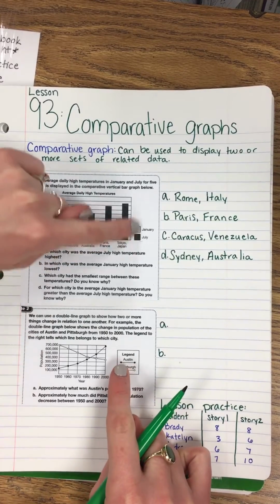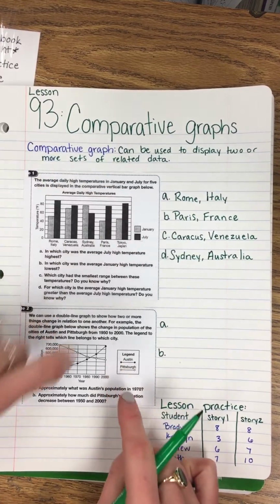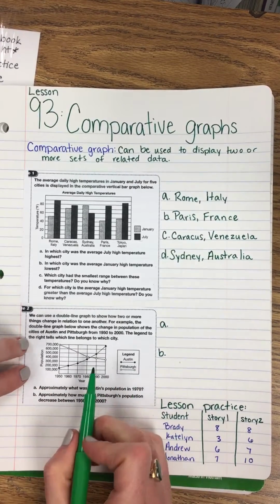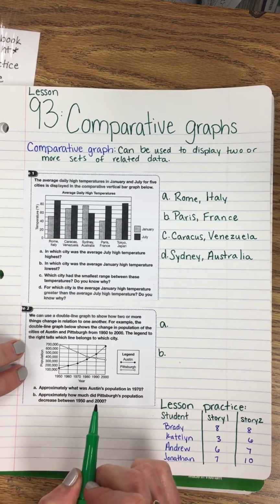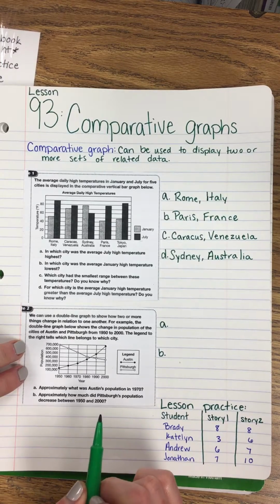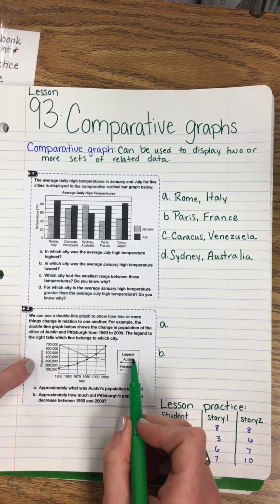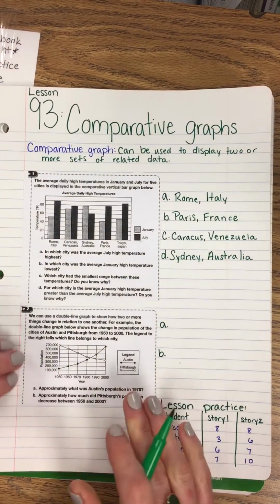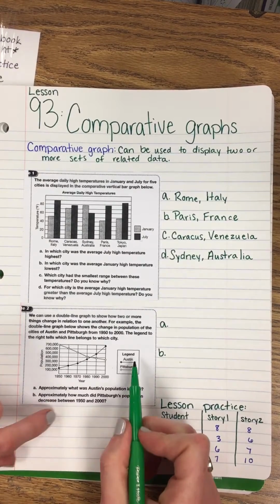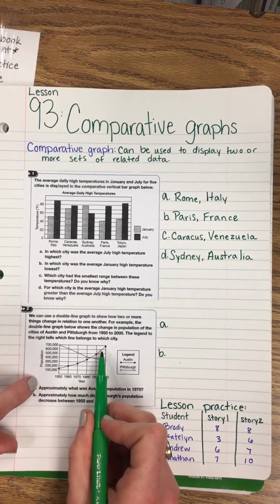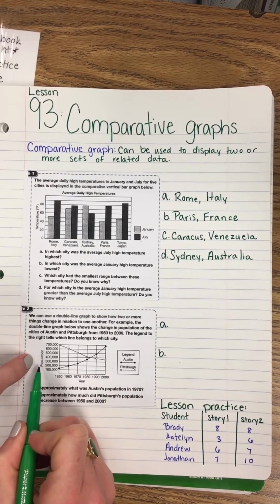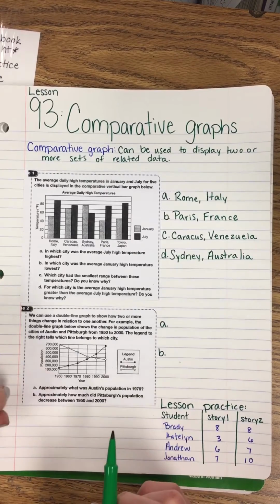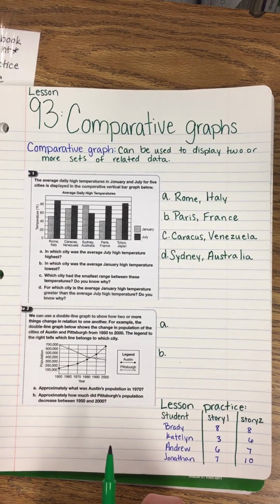Notice there is no title, but this is comparing Austin and Pittsburgh's population from this year to this year, so we can come up with a title even if it doesn't tell us.